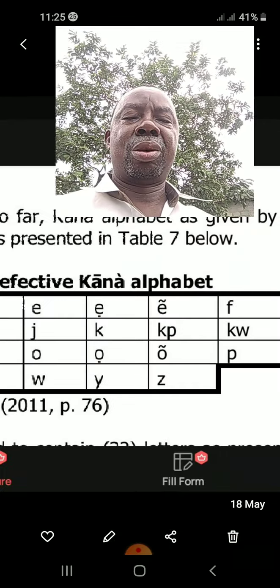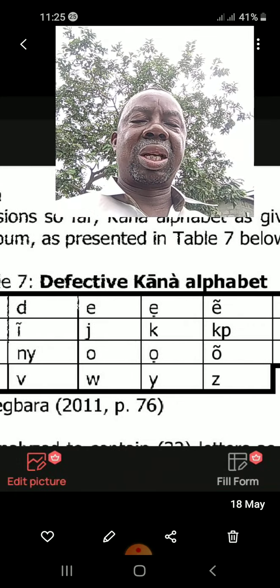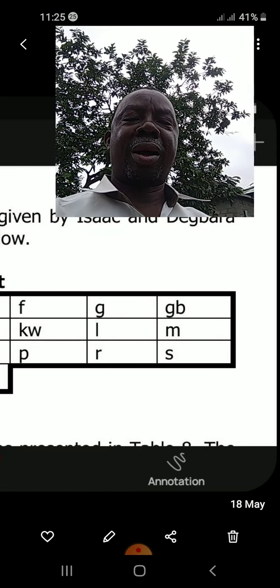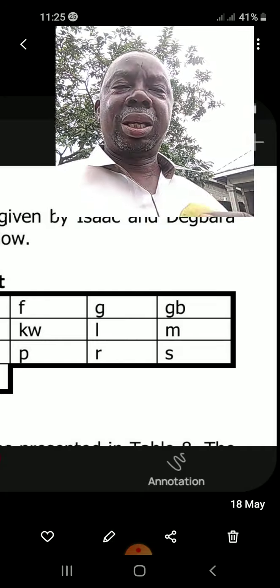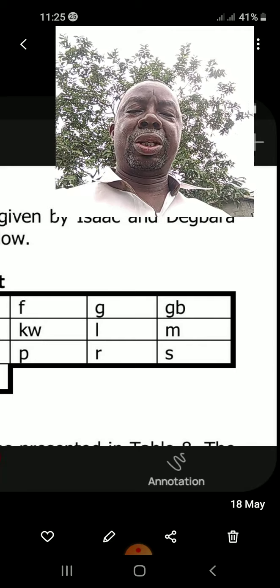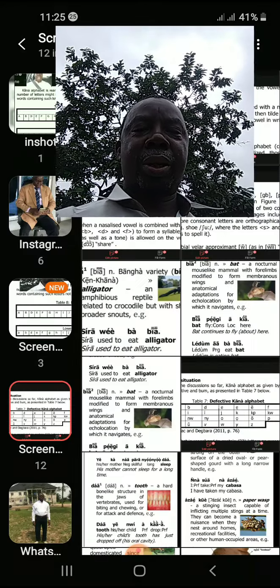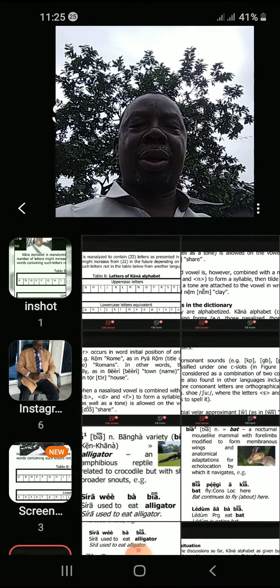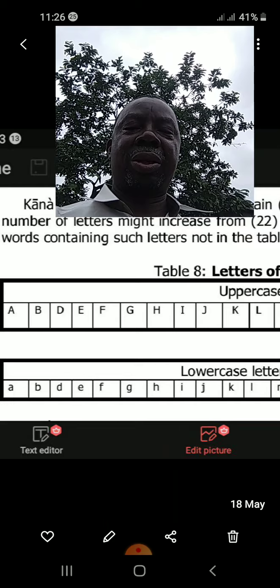So now you can see with me that this set of letters classified as the alphabet of the language is defective. So I now present to you, ladies and gentlemen, the correct alphabet of the language, which is here, 22 letters in the alphabet of the language.